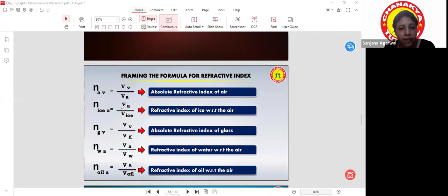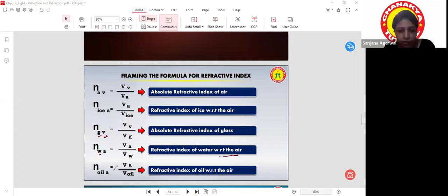Similarly, if the speed of light in air is given and the light is entering ice, you will get the refractive index of ice with respect to air. Again, this is the refractive index of glass with respect to vacuum. Vacuum or air means the same in these particular cases of refractive index. Either you write vacuum or you write air, it doesn't differ. This is the refractive index of water with respect to air.